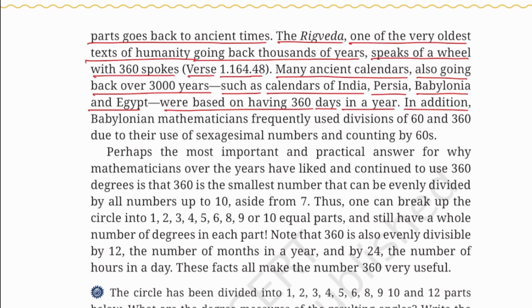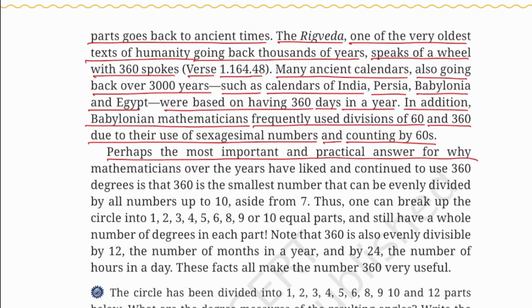In addition, Babylonian mathematicians frequently used division of 60 and 360 due to their use of sexagesimal numbers and counting by 60s. Perhaps the most important and practical answer for why mathematicians over the years have liked and continued to use 360 degrees is that 360 is the smallest number that can be evenly divided by all numbers up to 10, aside from 7.